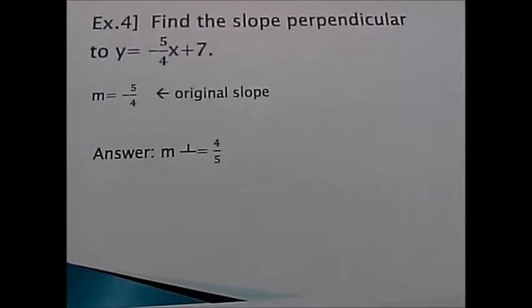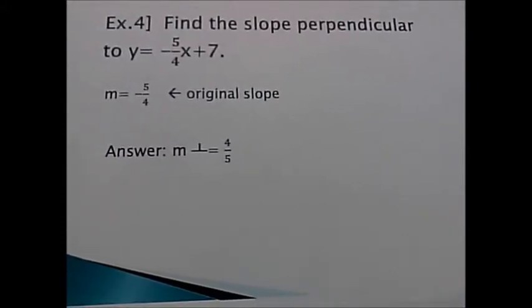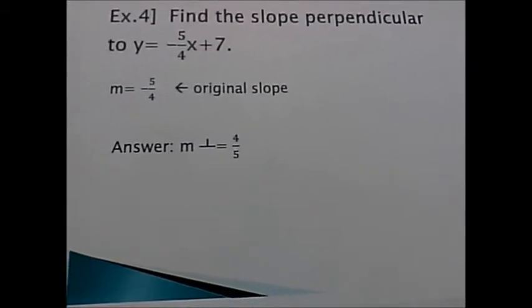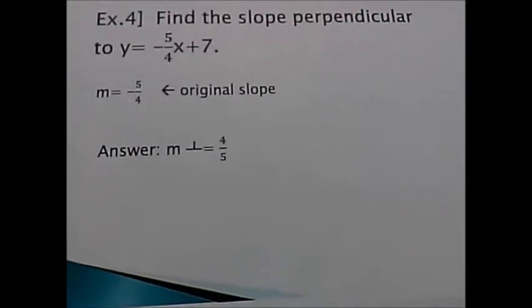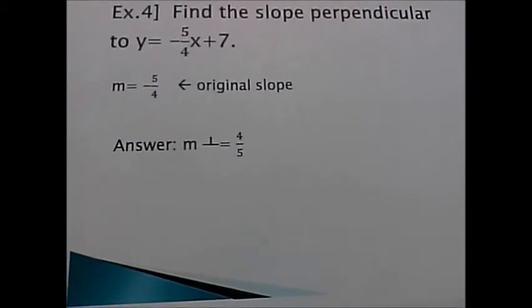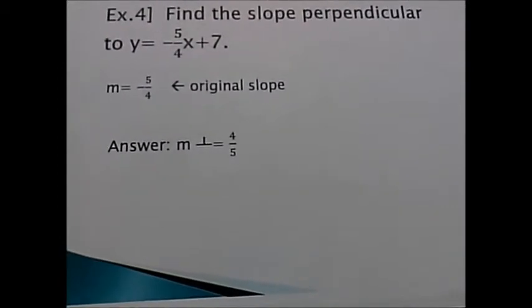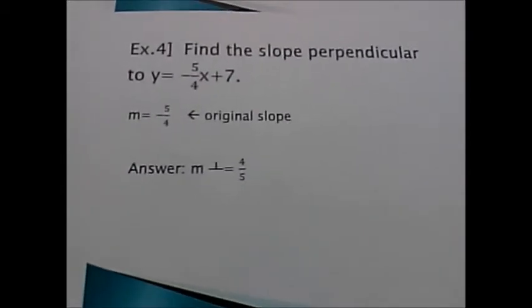So it's going to be the opposite of negative 5 over 4 and the reciprocal of that fraction. The answer would be m is perpendicular to 4 over 5, because the negative turns into a positive and the 4 goes on top and the 5 at the bottom.